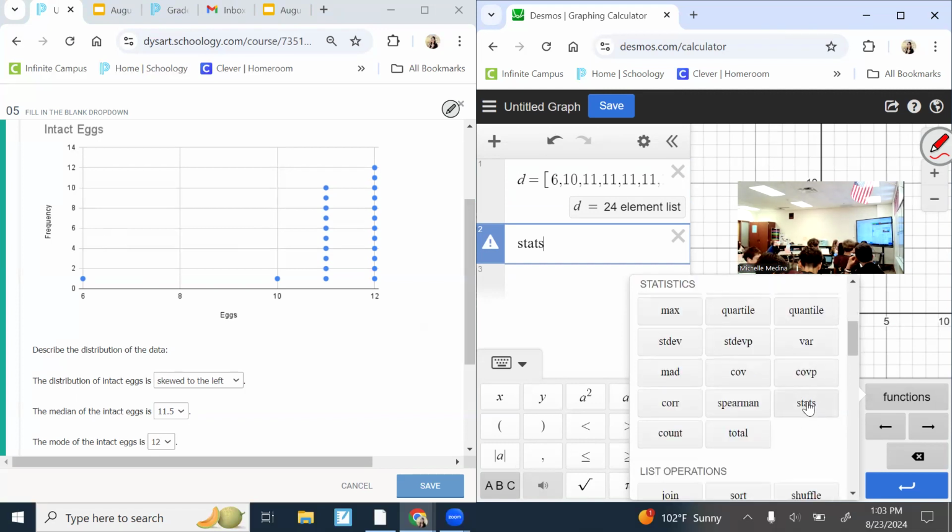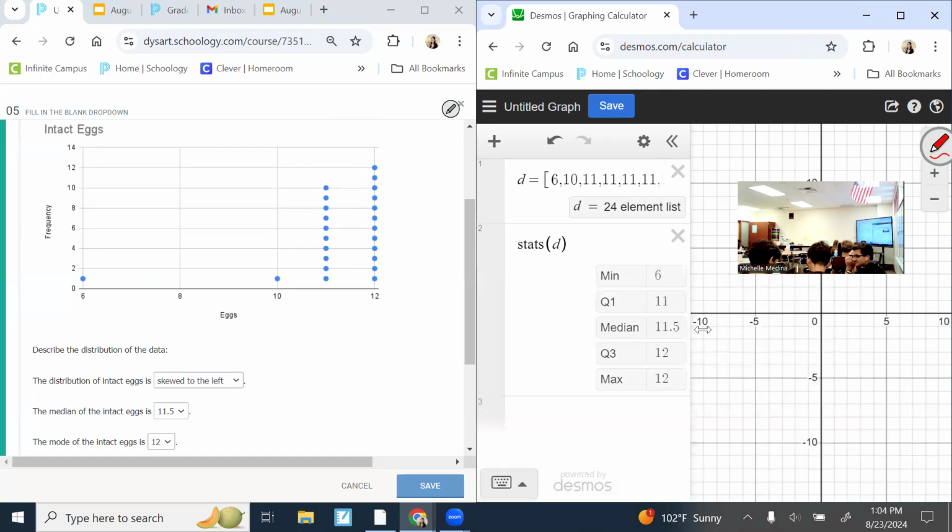I never saw it there. I've been telling everyone they just need to memorize it. But it is right there if you ever want to take a look. This one, stats, and then parentheses, whatever you called your data. Here's your 5-number summary. That's what you need for a box plot, by the way. But we just care about IQR right now.